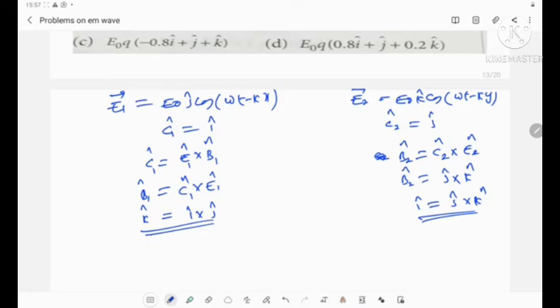Now, using this E1 and E2, we decided the direction of the magnetic field vector, and here also in another field, the unit vector along the one electric field, and this is another electric field. This becomes B1 cap and this becomes B2 cap.